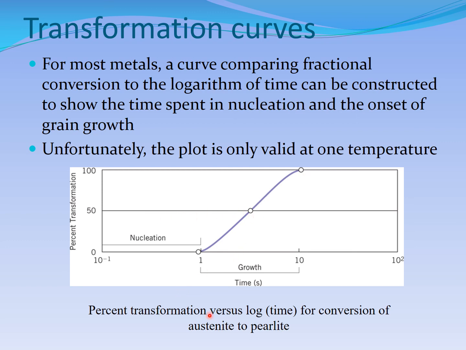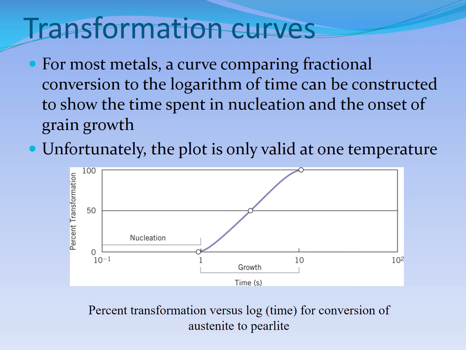So percent transformation versus logarithm of time for conversion of austenite to pearlite, for example. Austenite to pearlite, right? So this is actual practical. This is not a schematic diagram. Less than 1 second, the nucleation has taken place. Then from about 1 second to 10, 11 seconds, the transformation of austenite to pearlite is happening.